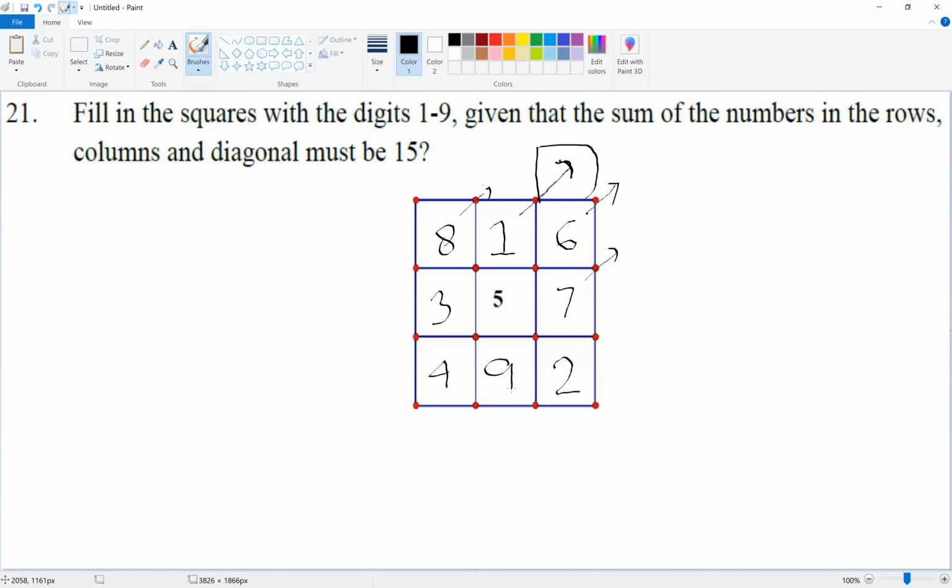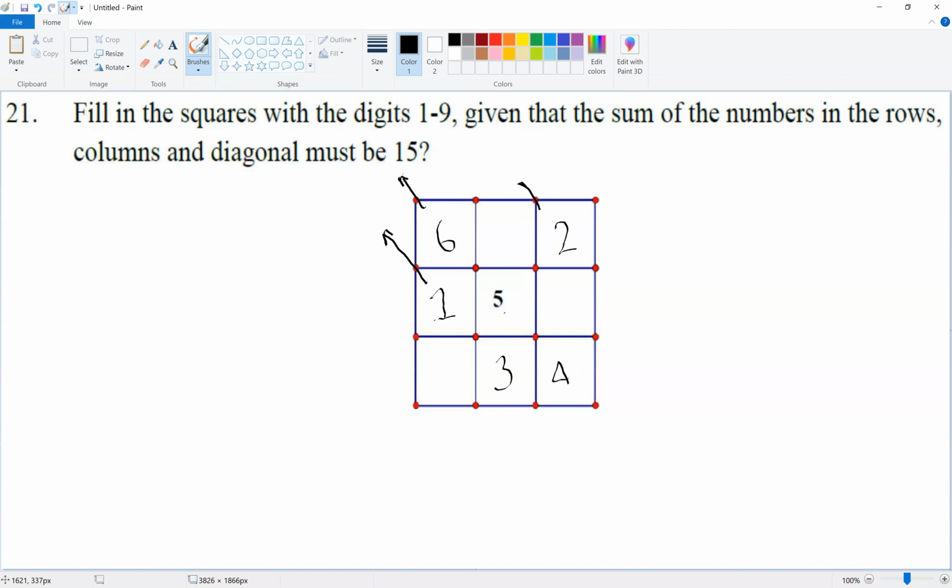Do you understand this method? Yeah. So just start with top middle and go northeast. And you don't have to start with this. You can start with this also and go this way. And this would be 2, then this would be 3, this would be 4, this is 5, this is 6, this would be 7, and so on.